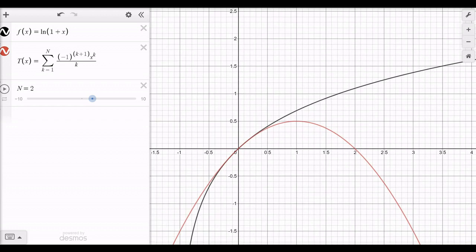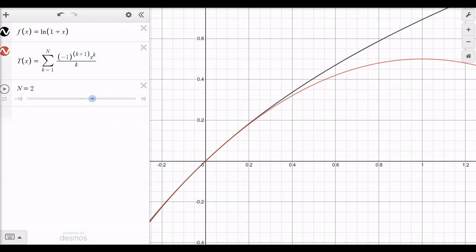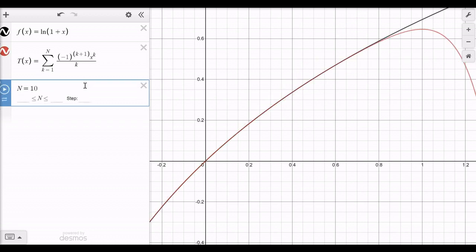So we can see if the x values are really close to 0, then the Taylor approximation is relatively good. At least for n is equal to 2, we can go up to 0.3 and maybe get a decent approximation, but that's subjective. So let's increase n to 10.